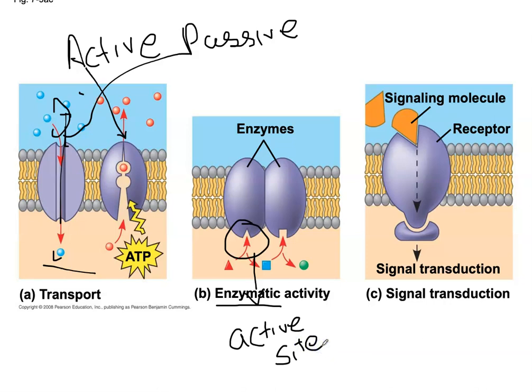The next important function that they do is signal transduction. Let's say your body is creating a fight or flight response. Your body has pumped out the hormone epinephrine. Epinephrine now has to bind to the cells in your cardiac center and increase the amount of blood being pumped.